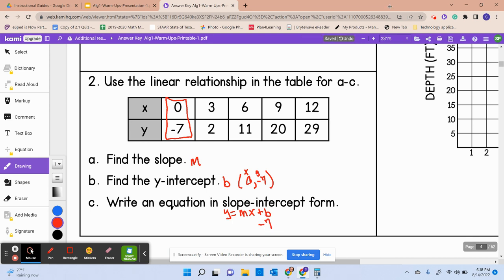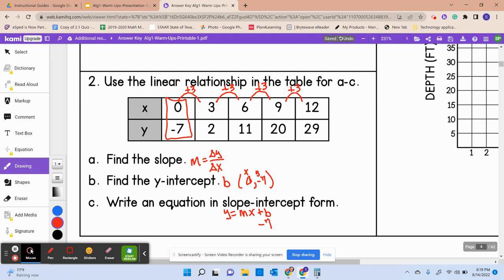Now the slope, I've been referring to it as the change in y over the change in x. And so how does x change? From 0 to 3, it's plus 3. From 3 to 6, plus 3. 6 to 9, plus 3. 9 to 12, plus 3.